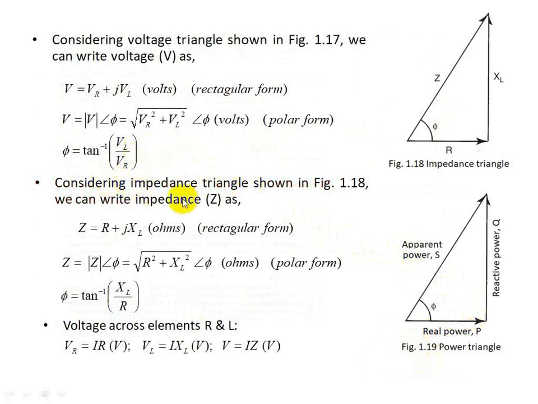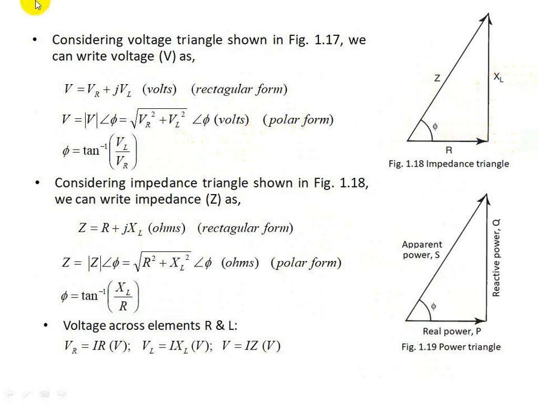And considering the impedance triangle, we can write expressions as shown below. Impedance Z will be equal to the horizontal component plus j times the vertical component. Try to remember, this vertical component makes an angle of 90 degrees with respect to the horizontal component in the counterclockwise direction.